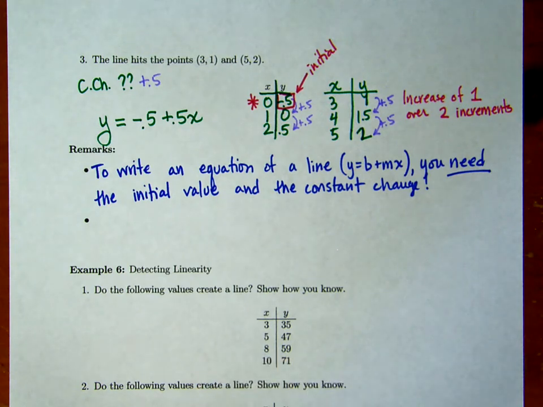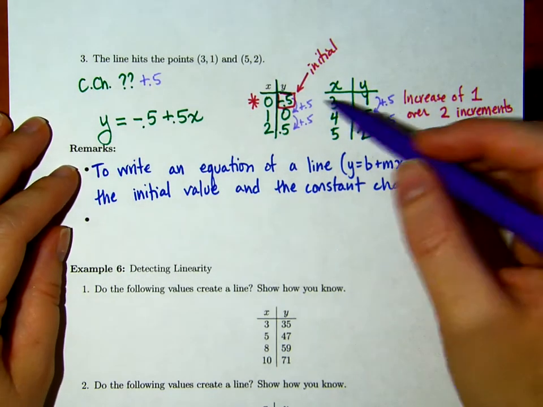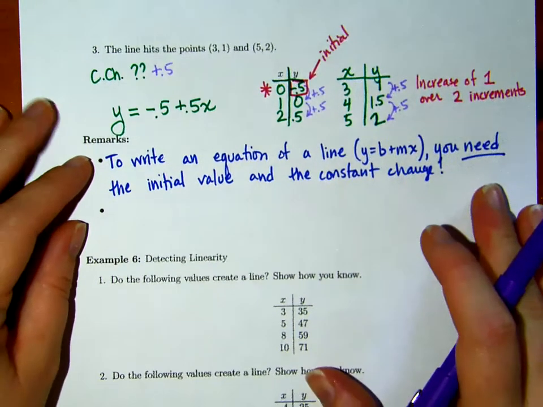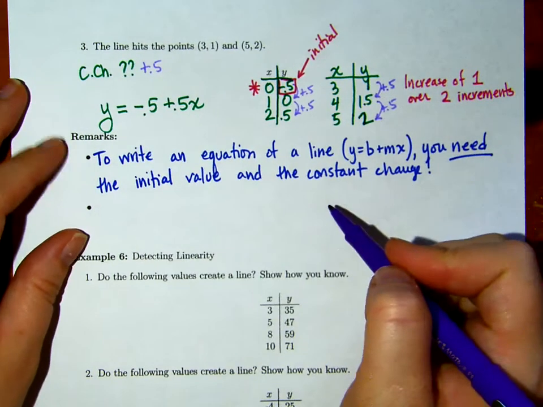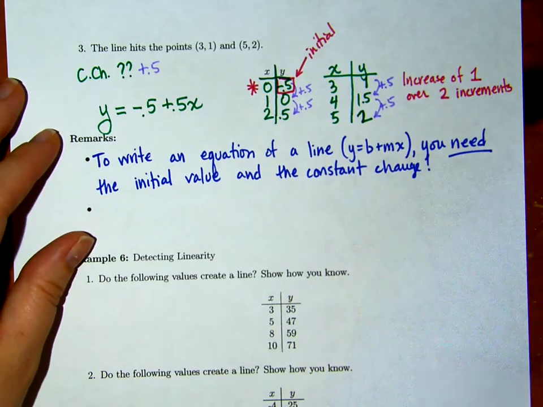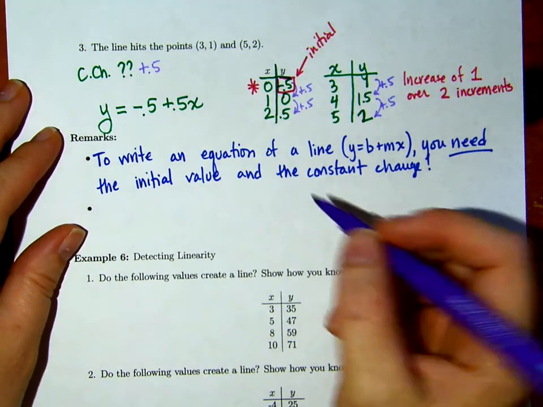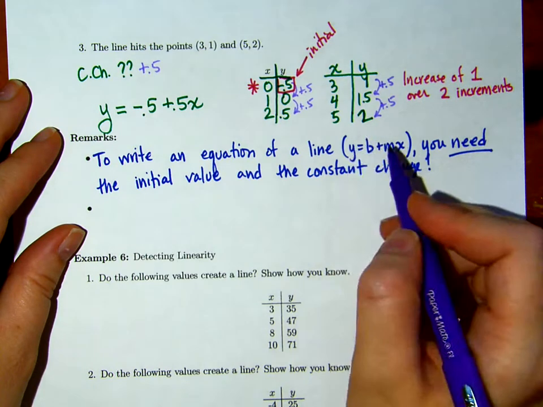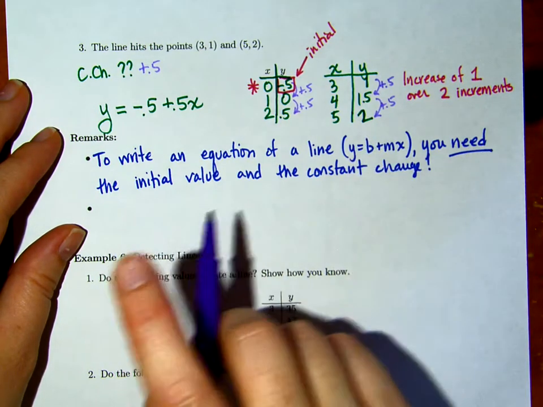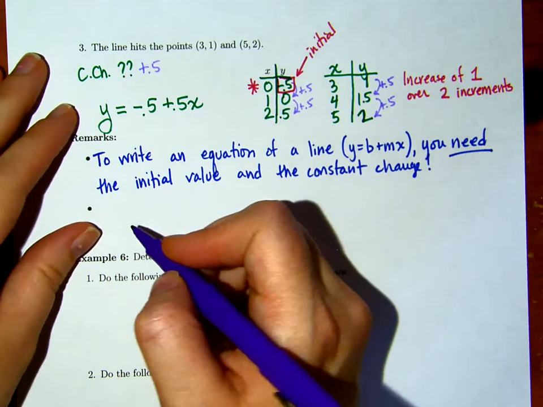A lot of people have probably been trained, and maybe I'll write this down too after I write this remark, to solve this equation for the missing amount. I'll show you that, but I don't expect you to go back to that.